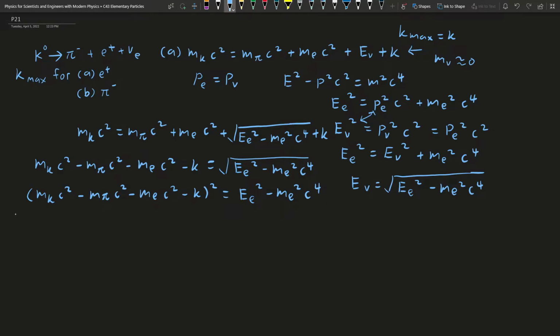Now you can see this is nasty algebra to solve, but what we can do is determine the values because they are known values. This is what I'm going to do: we directly substitute the values inside here.